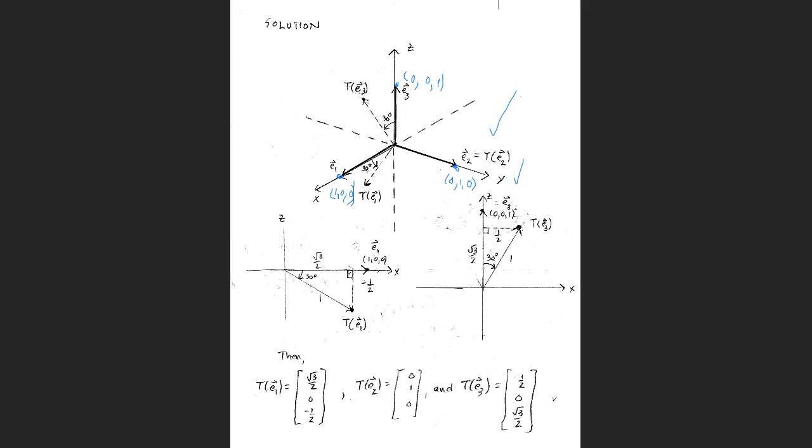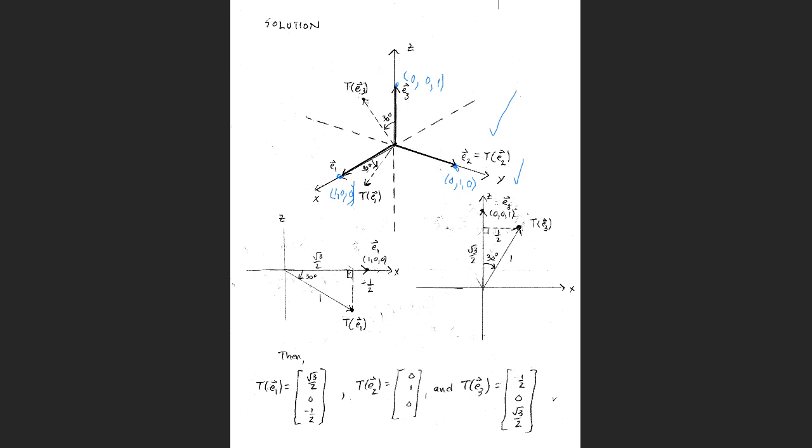What I'm going to do is rotate each of these vectors counterclockwise about the y-axis. But which vector doesn't get altered by this transformation? E1, E2, or E3? Which one will not get changed? E2.